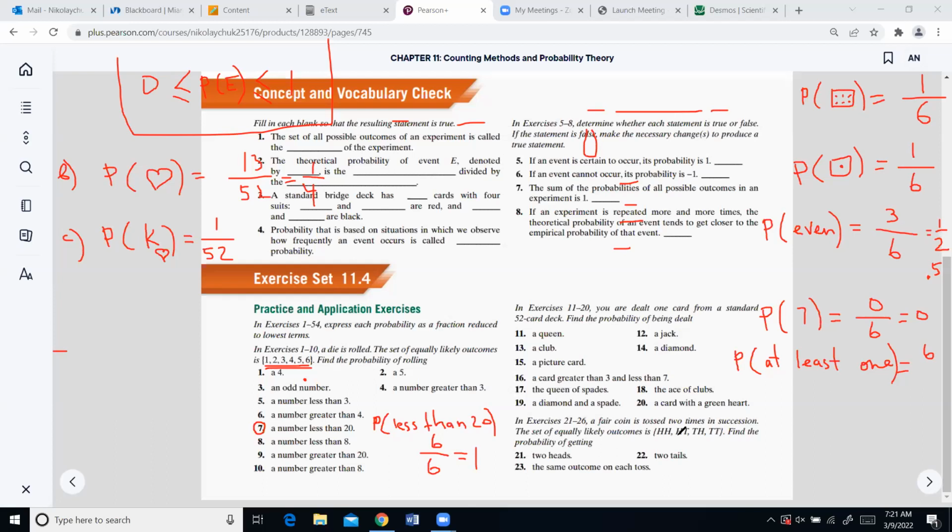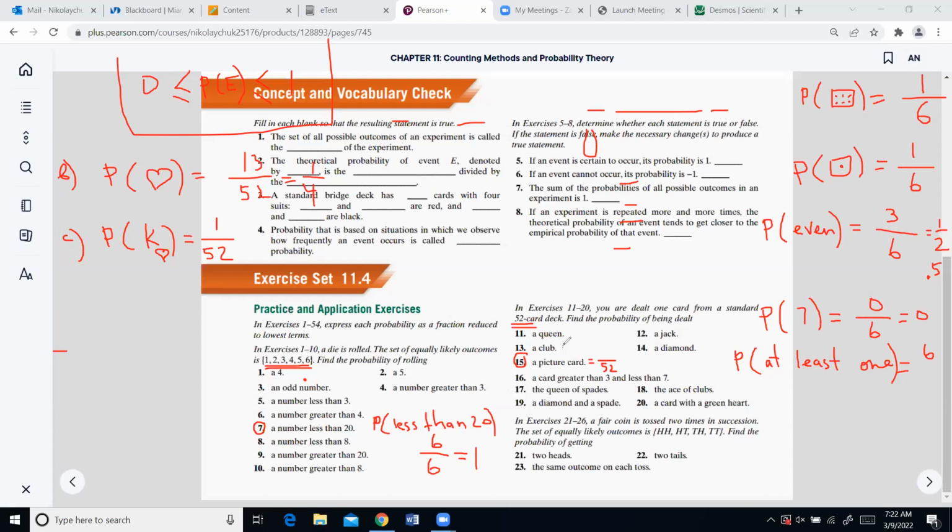How about in the next group of exercises that deals with 52 playing cards, what's the probability to get a picture card. Picture card or face card. So out of 52, how many will be faces?